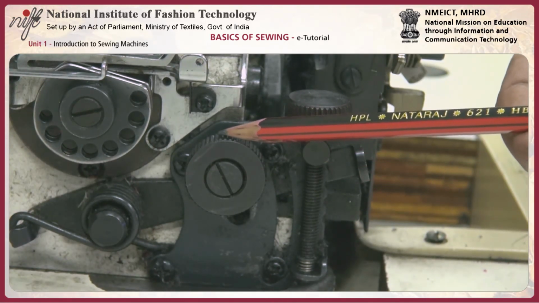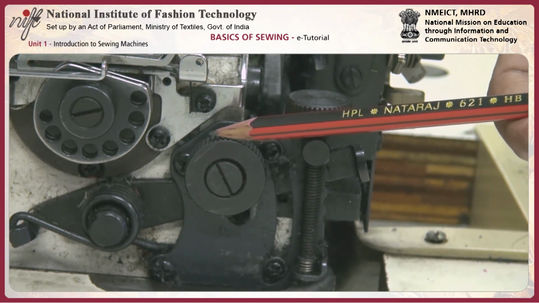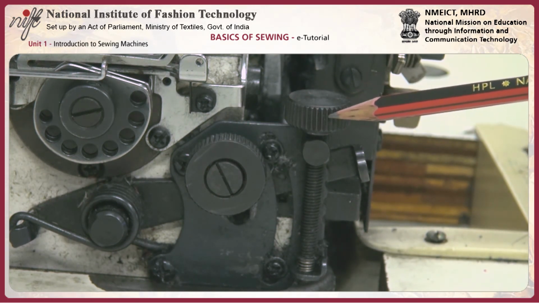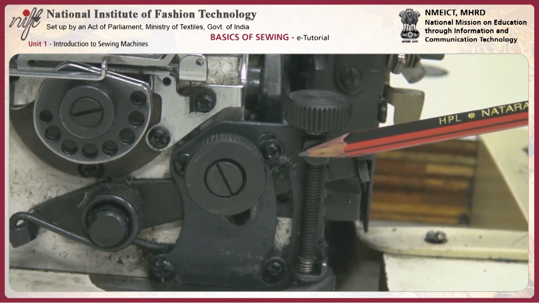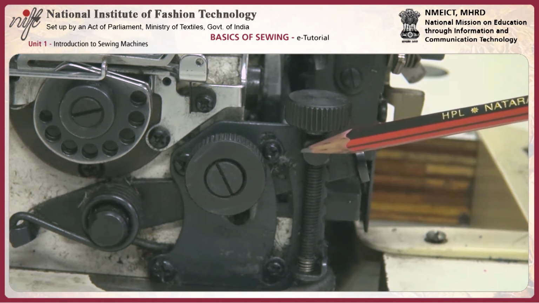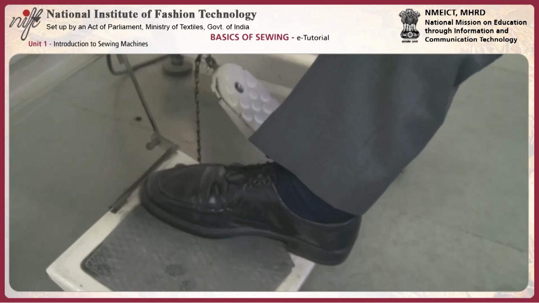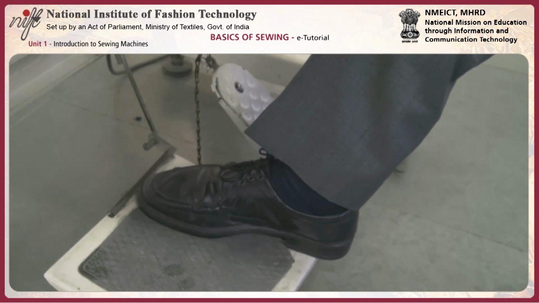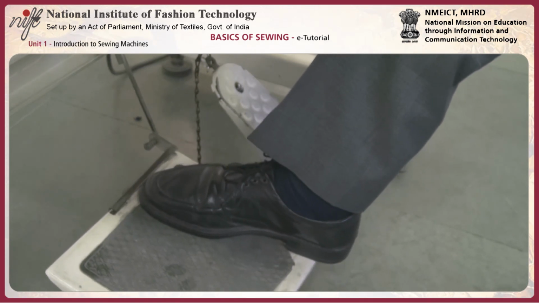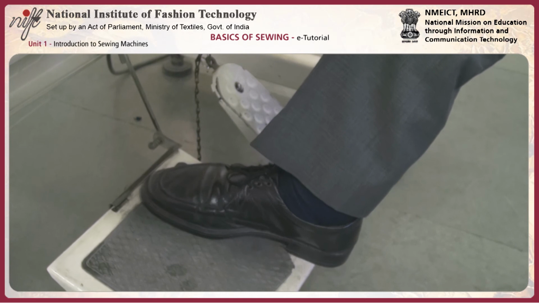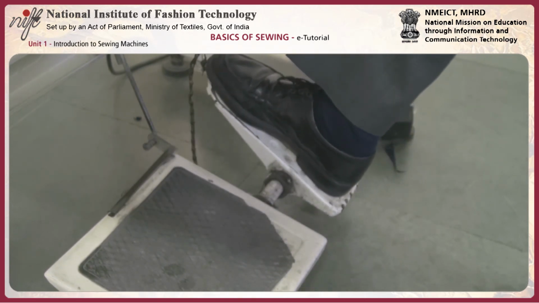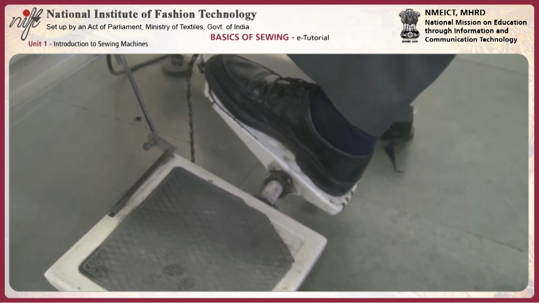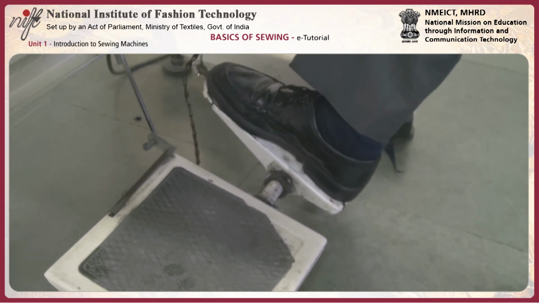Loosen this bolt and you can rotate this one, then the machine will function as a differential feed mechanism. Speed regulator as you have in the lock stitch machine, and the function is also the same. The second one is a pressure foot lifter.